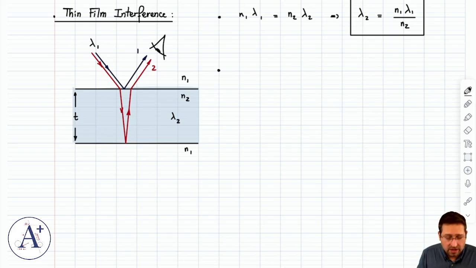So that's one thing. The other thing is, as I said, not all reflections are made equal.